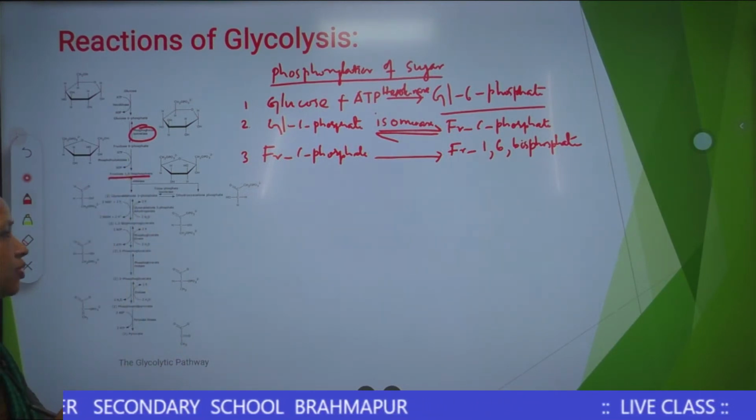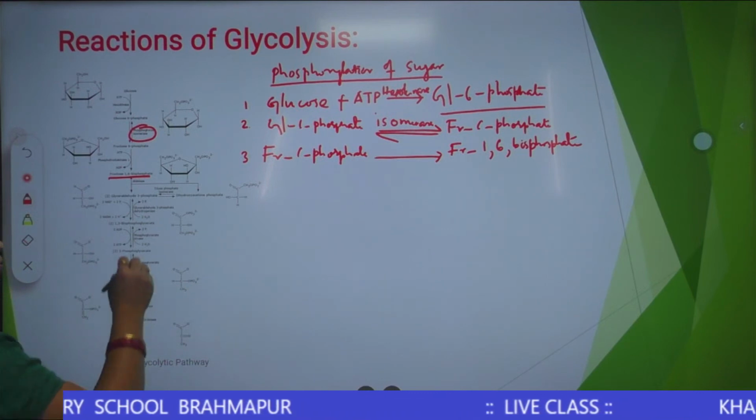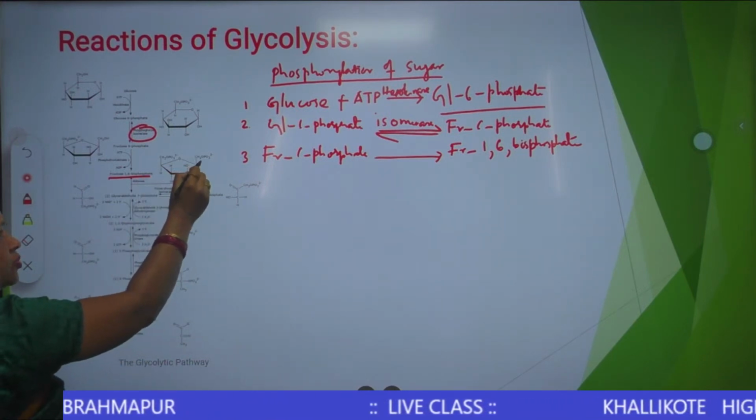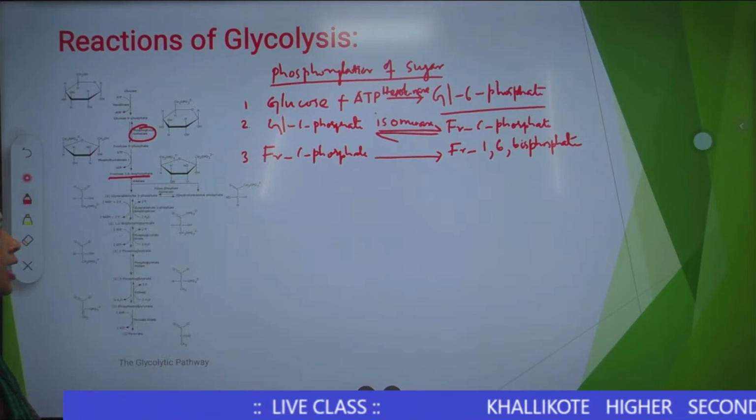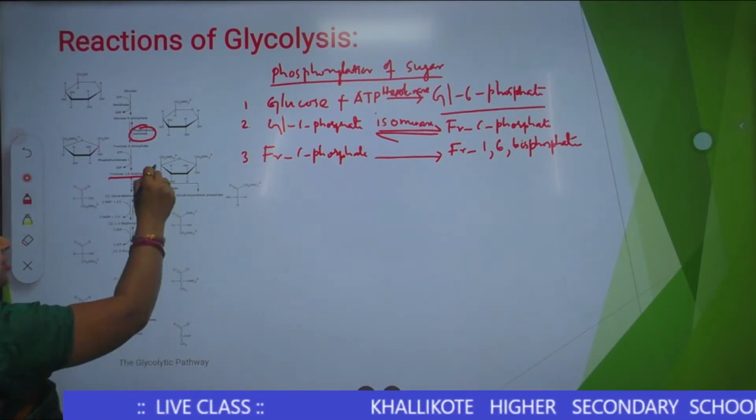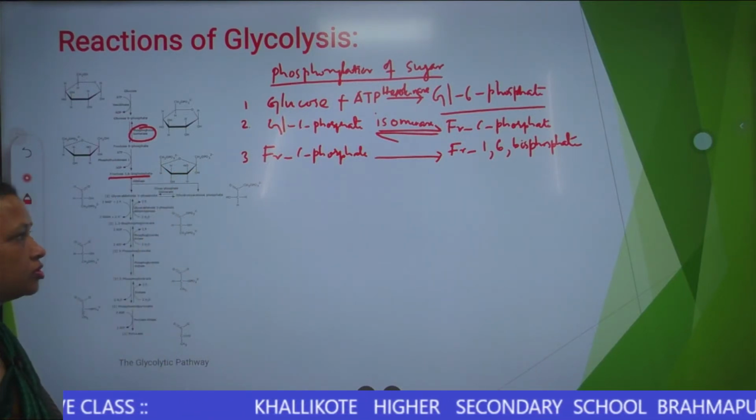So, in fructose 1,6 bisphosphate, you have a phosphate at the first carbon and also the sixth carbon in the fructose molecule.